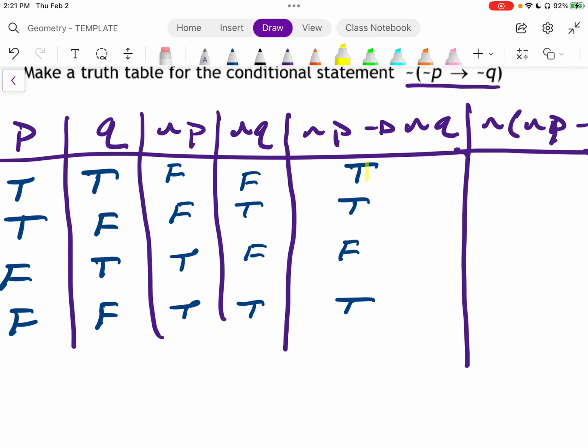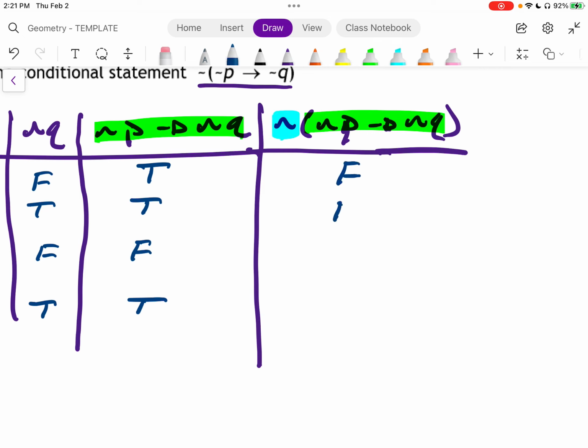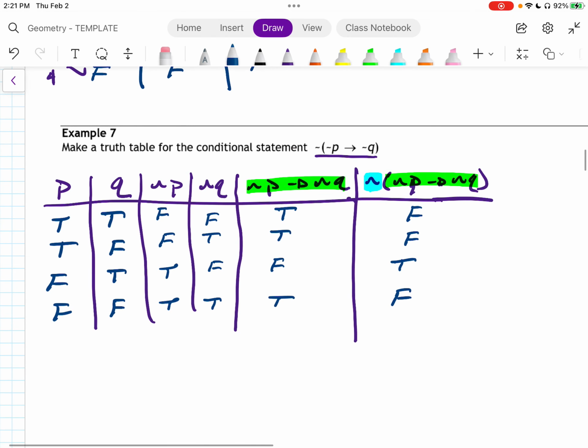To do these, I'm trying to decide if it works out or if it doesn't work out. Now, lastly, this piece is just this, and then we have a negation out front, so we're just going to list the opposite of what was there. So false, false, true, and then false. And that's how we do our table.